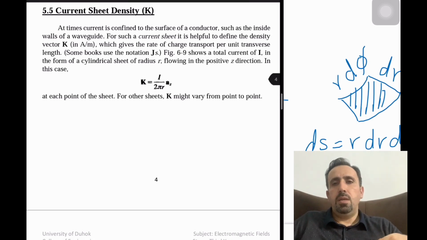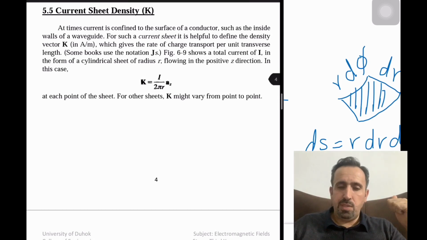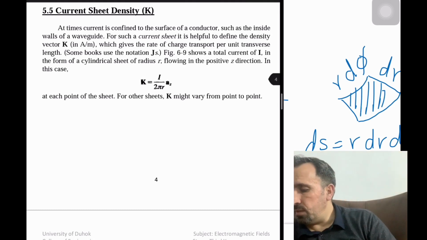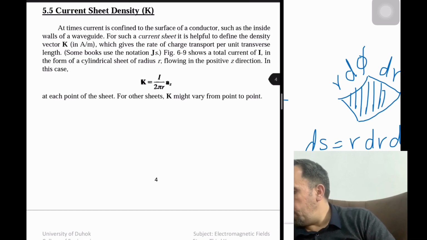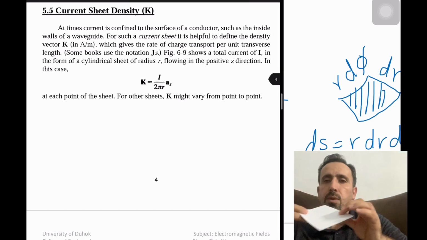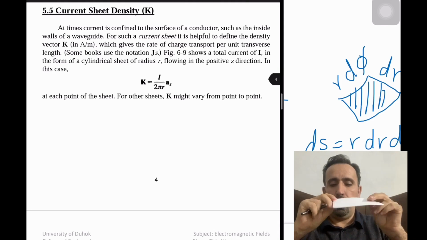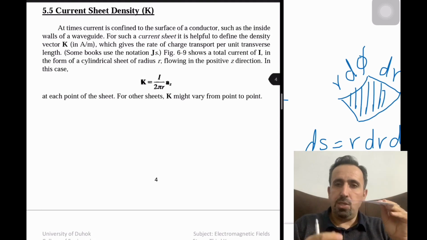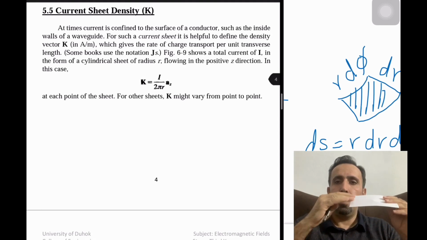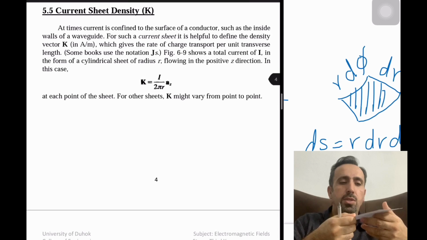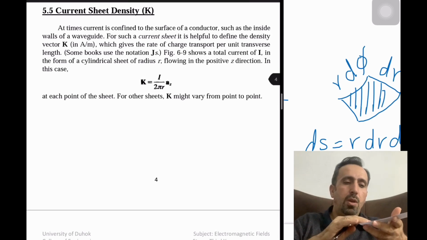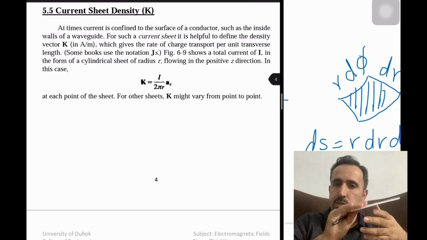As a unit, for current density, previously we talked about J being ampere per meter square, while for current sheet density it is just like having a current. If I talk about a certain sheet, for example this piece of sheet, then from its name, current sheet density, you have a current distributed all over this sheet.